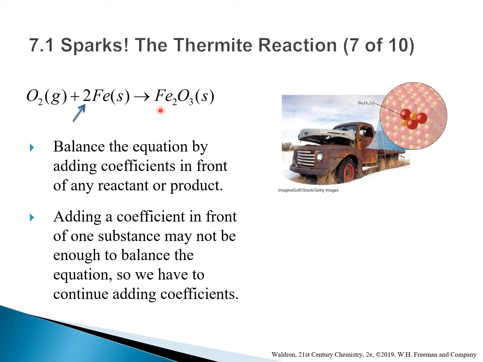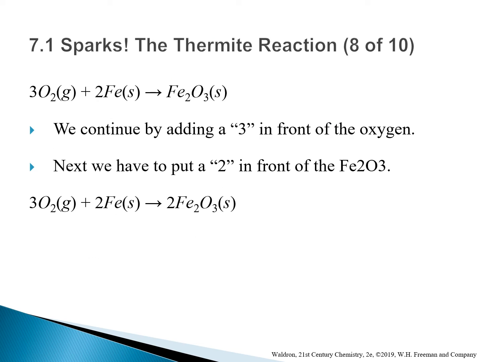Adding a coefficient in front of one substance may not be enough to balance the equation, so we have to continue adding coefficients. The oxygen is tricky because we cannot simply put the number 2 in front of the O2 molecule to balance it. That would give us 4 oxygen atoms on the left and 3 on the right.